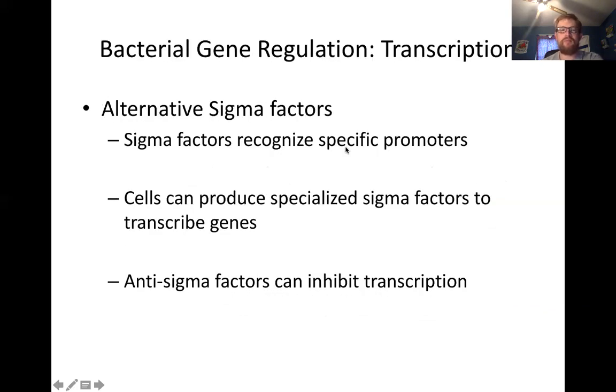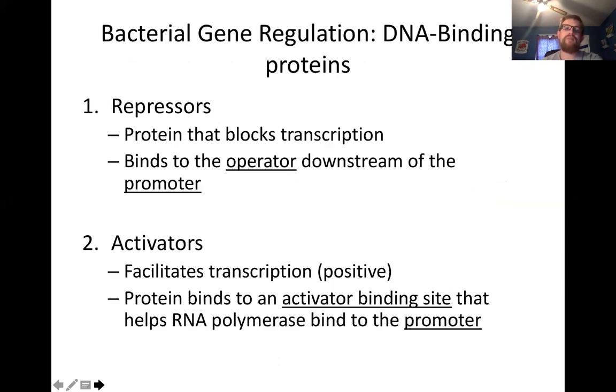We talked about this already. All right, so this is where we ended, right? Repressors and activators. So repressors are going to block transcription. When we're blocking transcription, what enzyme are we blocking?